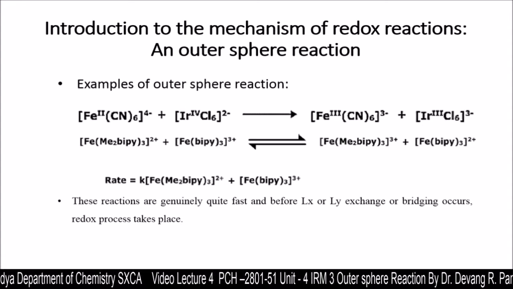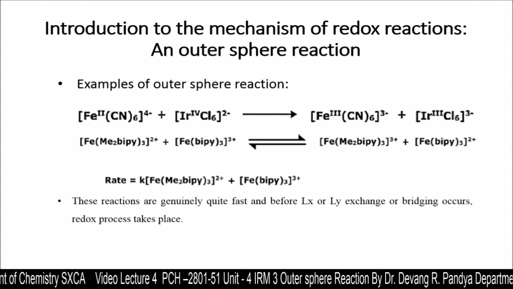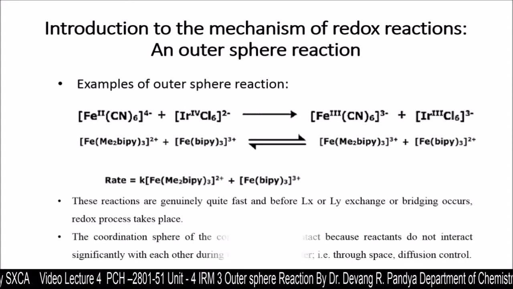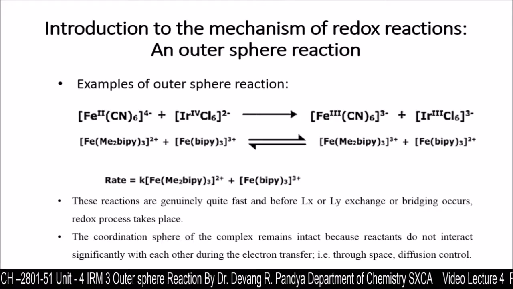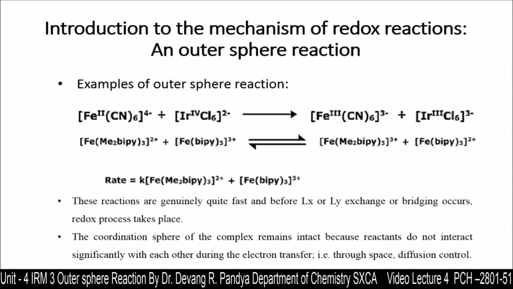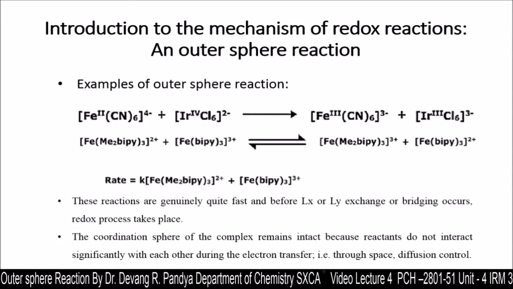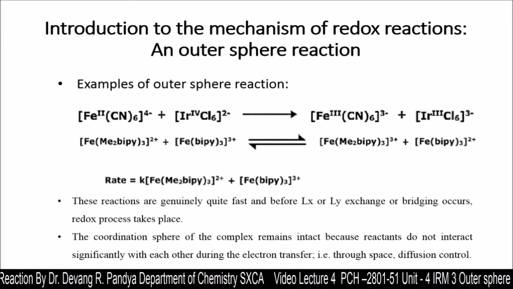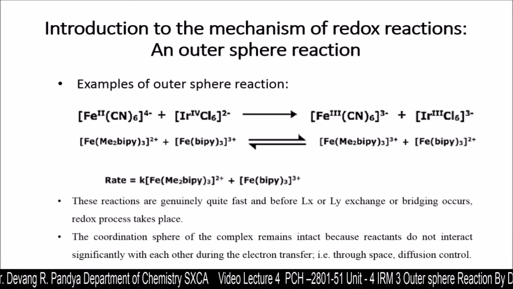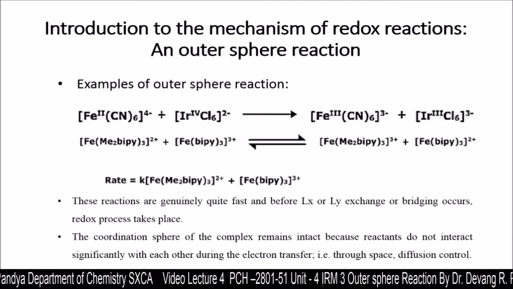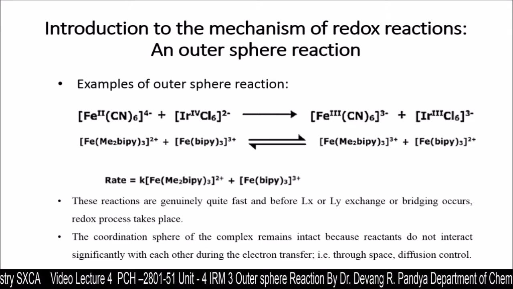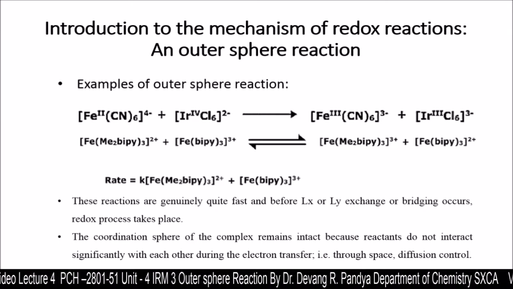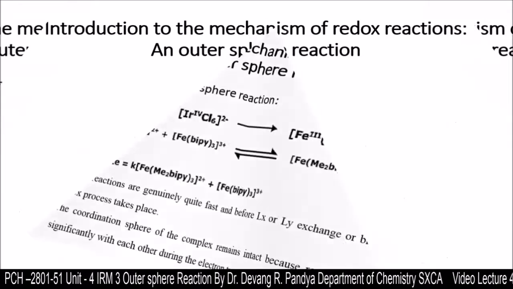Hence, it will follow the Franck-Condon principle as well. The coordination sphere of the complex remains intact because the reactants do not interact significantly with each other during the electron transfer. For example, we can say these things may take place through space, under diffusion control.